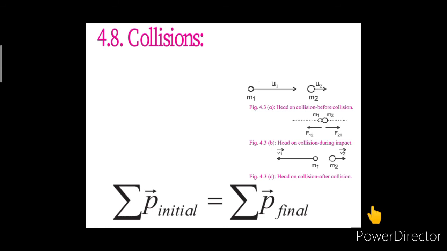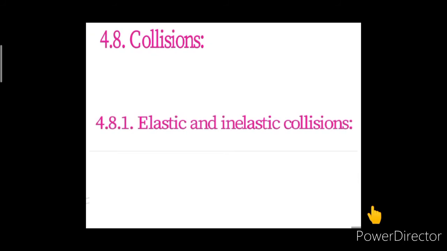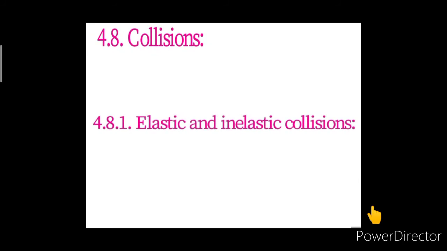The total initial momentum is equal to the total final momentum, but their kinetic energy need not be conserved. The kinetic energy of the entire system may or may not be conserved, and hence collisions can be of two types, called elastic collision or inelastic collision.